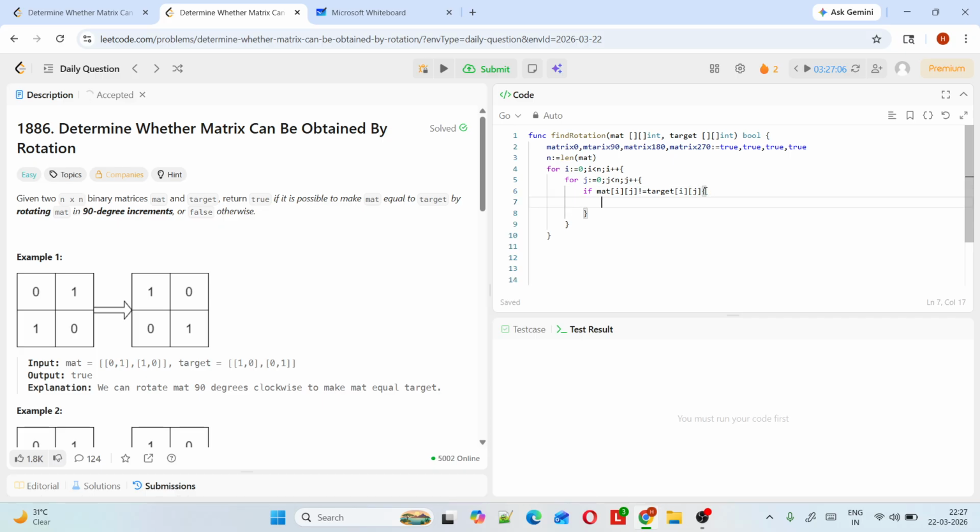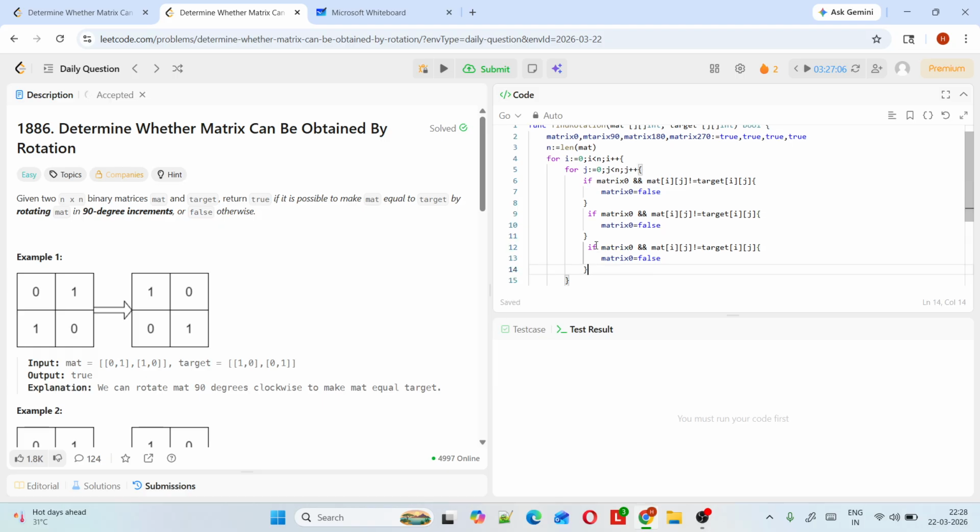So if it is not equal, you can just assign our matrix pointer to false. For the first time it will enter here. Now if it is false, then you need not check again the next condition. Now similarly check for 90, 180, and 270.